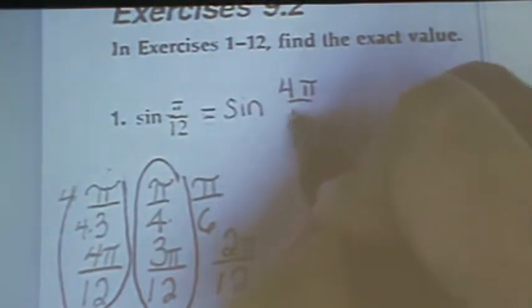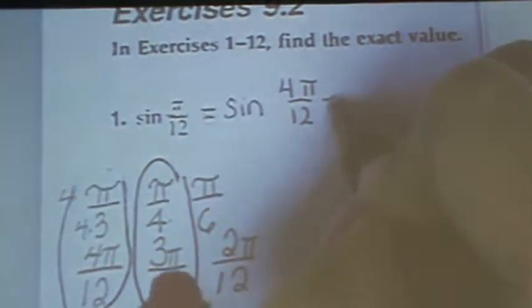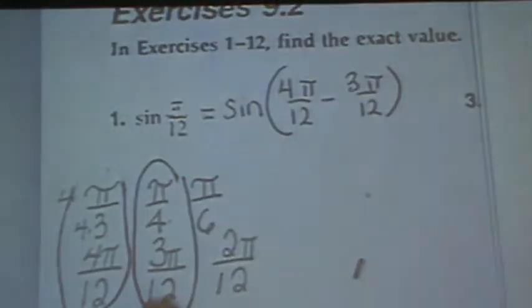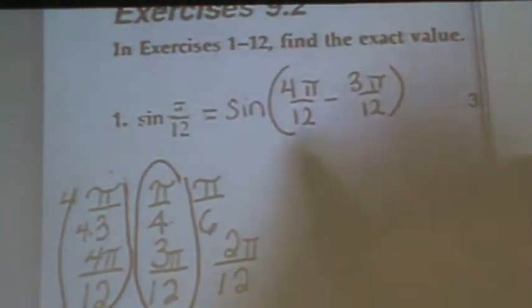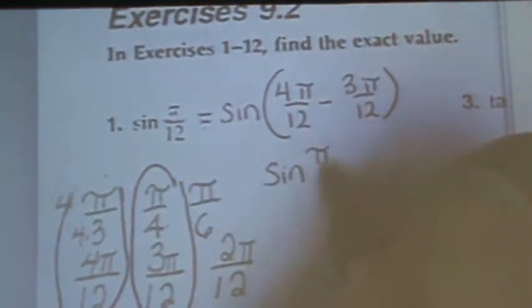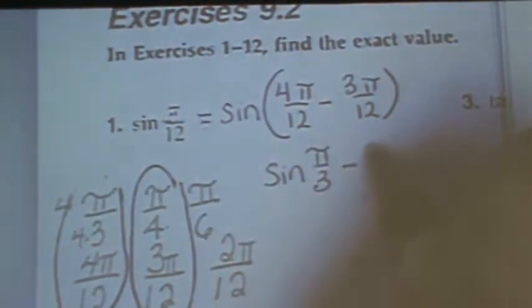So in other words, the sine of 4 pi over 12 minus 3 pi over 12, well, that's going to give us pi over 12. And really, you're doing the sine of pi over 3 minus pi over 4.